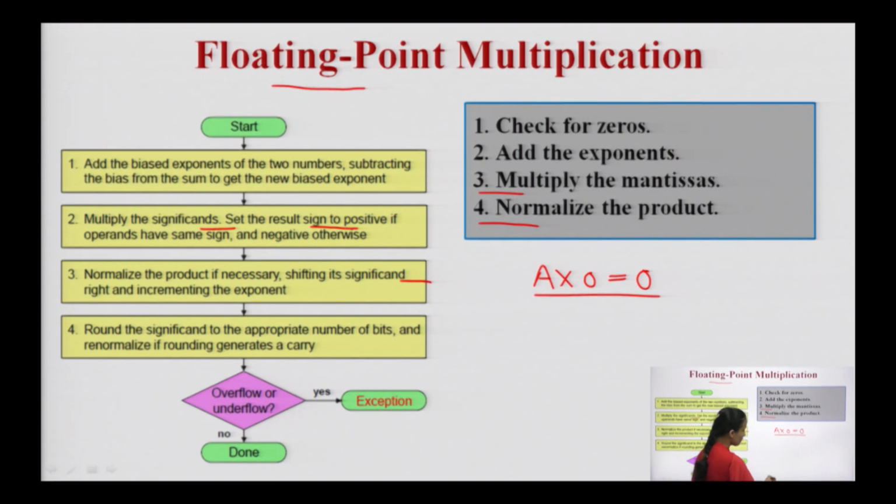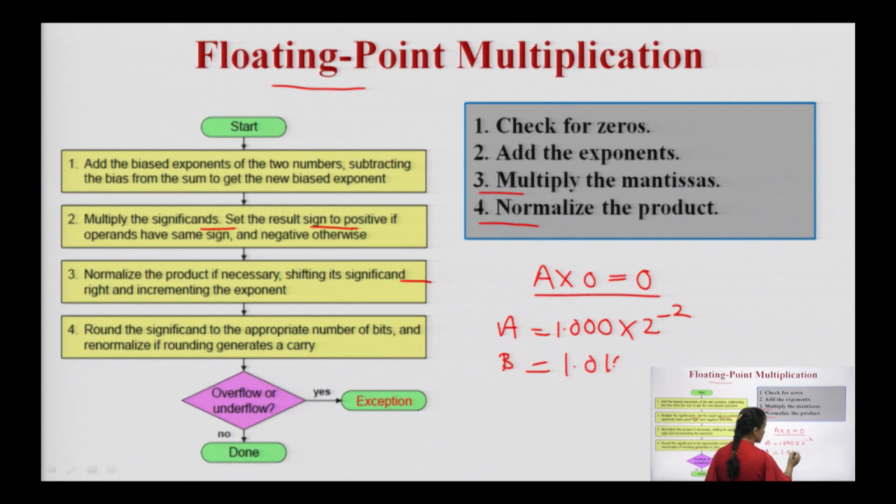If no, suppose I take A as 1.000 into 2 to the power minus 2, and B, the second number, as 1.010 into 2 to the power minus 1.